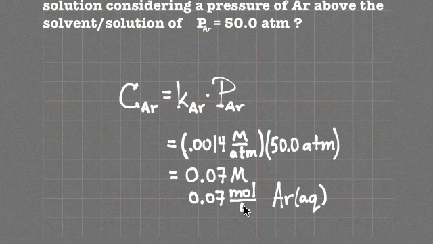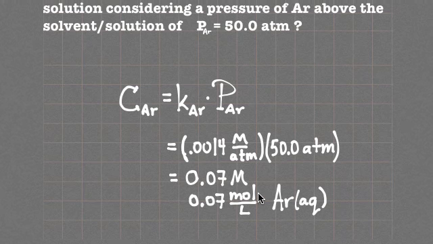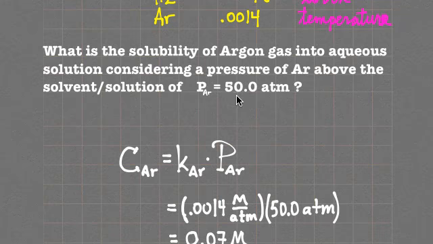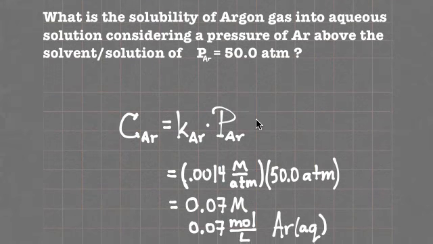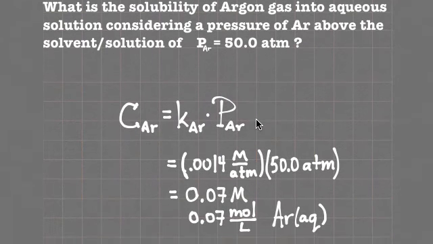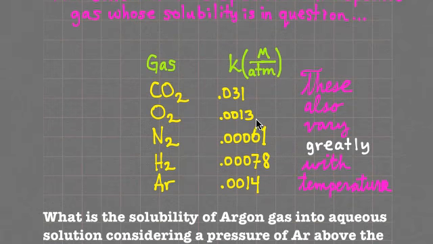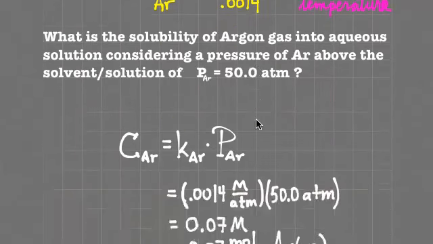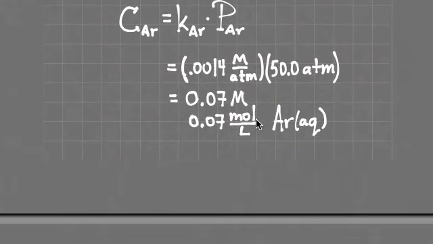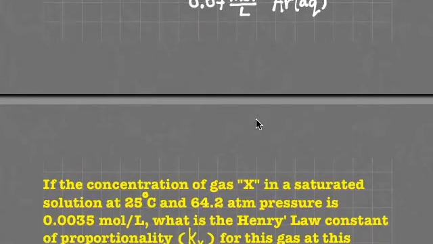So if I had a liter of solution, I could fit only that much argon into it with that particular pressure. And I'm thinking this is temperature dependent as well. Yeah, it must be, because of course, warmer liquid could not hold as much.